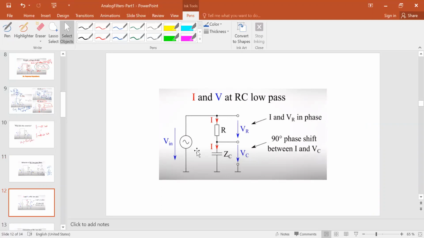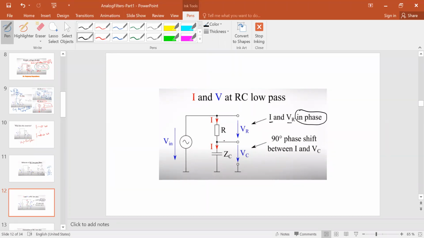So you can see that the current that is flowing in this circuit will pass through the resistance R, and at the same time, it will pass through the capacitor. Now, when it passes through the resistance, the voltage across the resistance, which we call VR, and the current that is passing through the resistance are in phase. There is no difference.